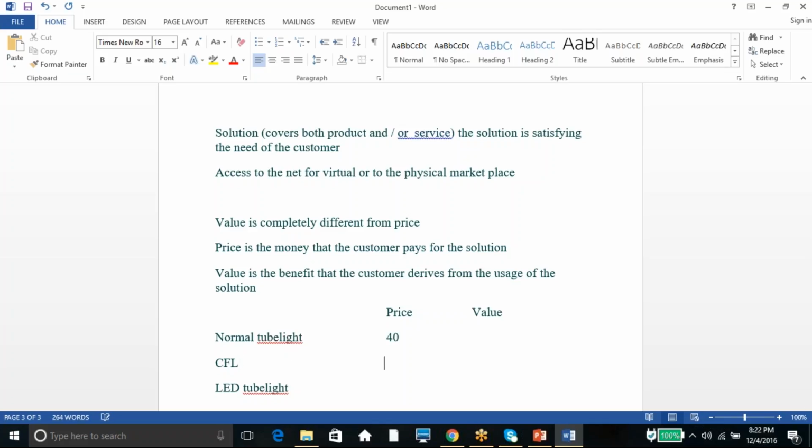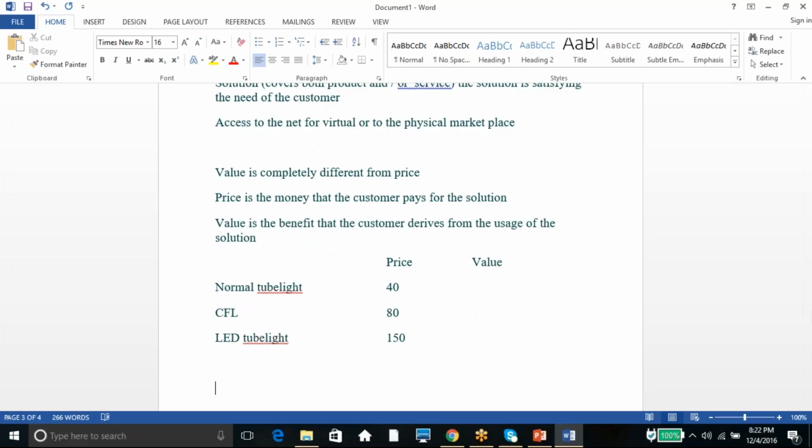A CFL, okay, 80, and an LED tube light at 150. So if a decision has to be taken on pricing, everybody will only take a normal tube light.